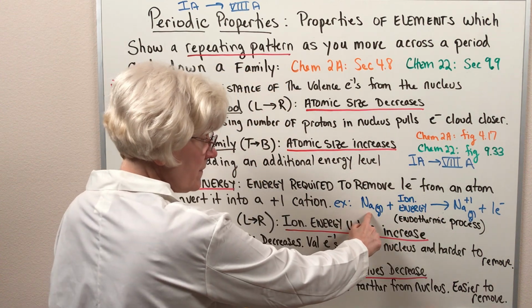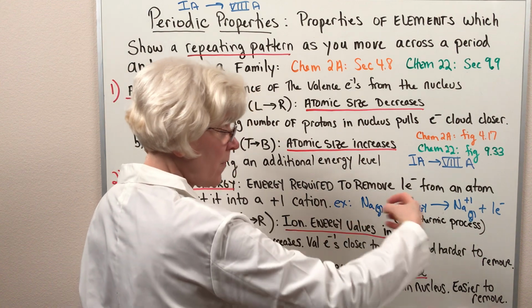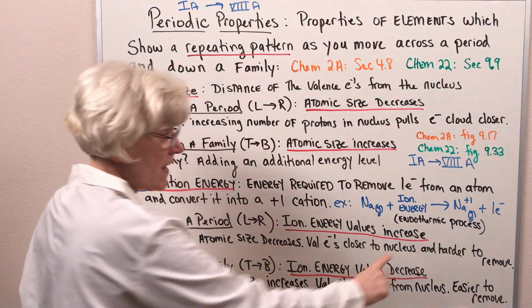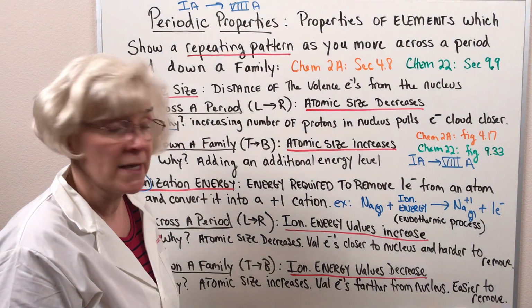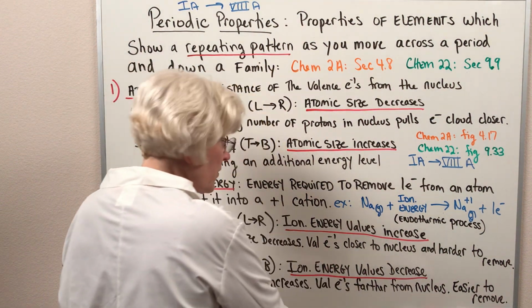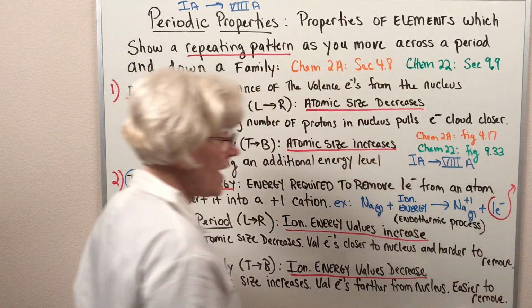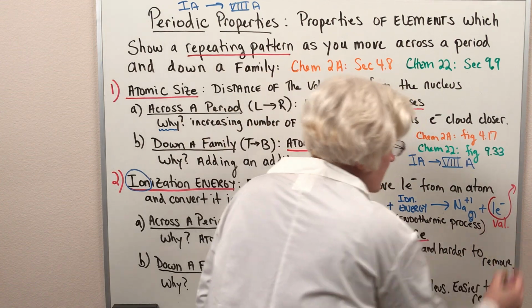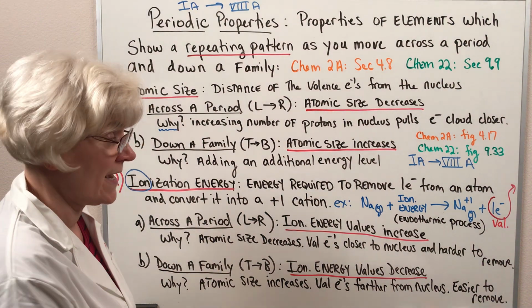Here is sodium, a neutral atom, and energy is going to be required to take one electron away from that sodium atom and convert it into a sodium +1 ion. So we are removing an electron, taking it away, and this electron is always going to be a valence electron that we are ionizing.